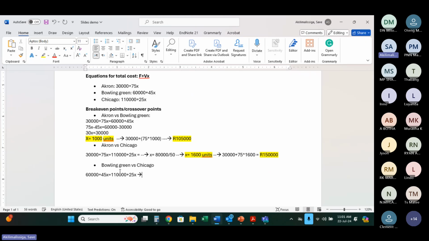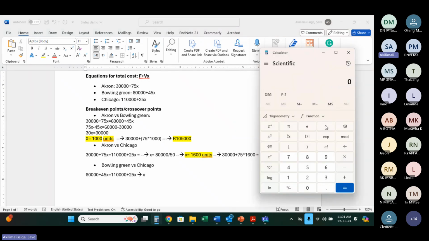What will be the value of x here? Okay, let me just do the calculations from here. Straightforward. So that is going to be 45 minus 25, that is 20.